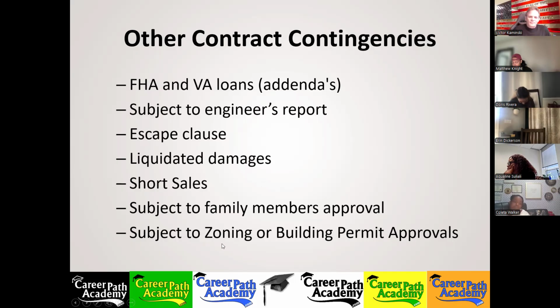Now, contracts could be contingent upon zoning or building permit approvals. That's usually more along the lines of commercial or maybe mixed use properties. So we don't actually draw up the contracts for this, but you still need to know. Like when a builder buys property because they're going to do a subdivision, right?